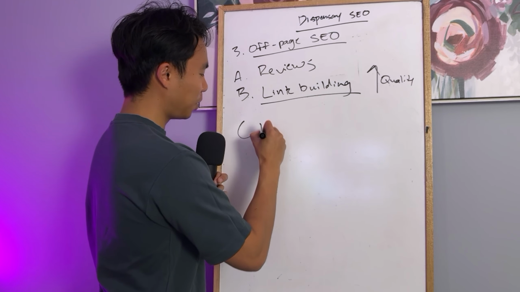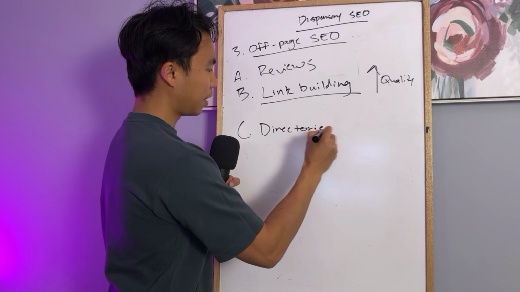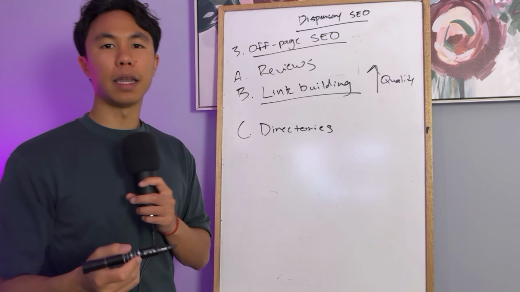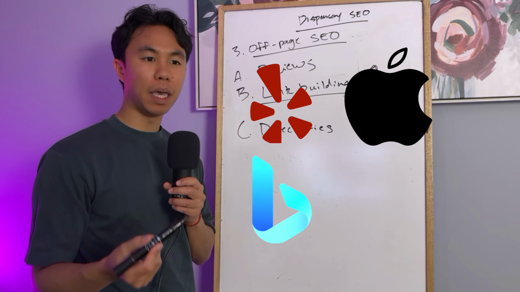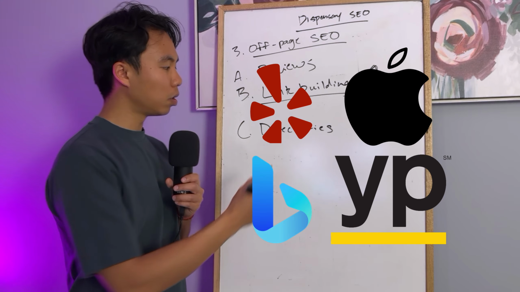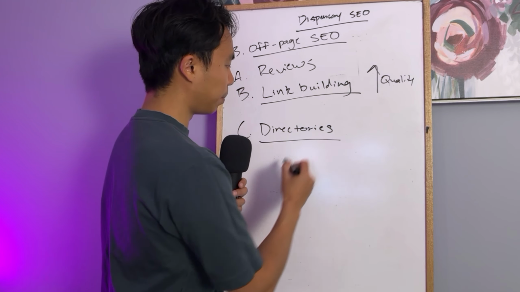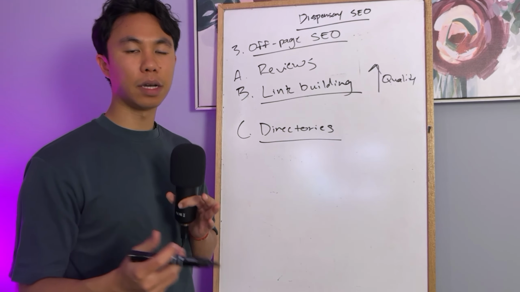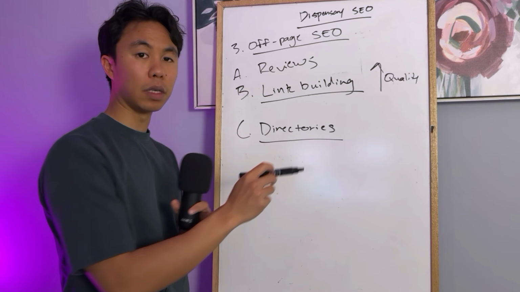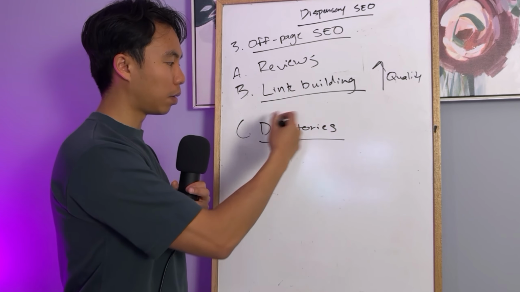Another thing that you can do is build out directories. And these are just listings, like again, Yelp, Apple Maps, Bing, Yellow Pages, all of these directories that you can build out may or may not necessarily direct traffic specifically to you, but you can go ahead and build out these platforms.